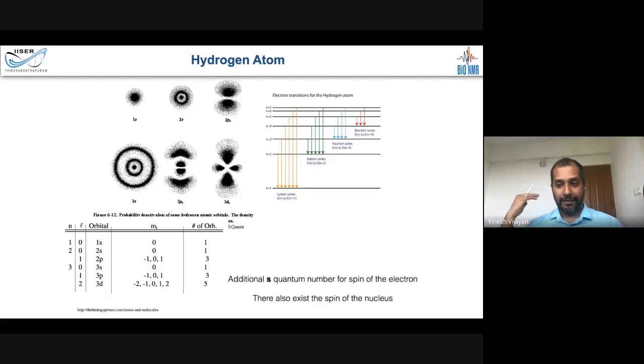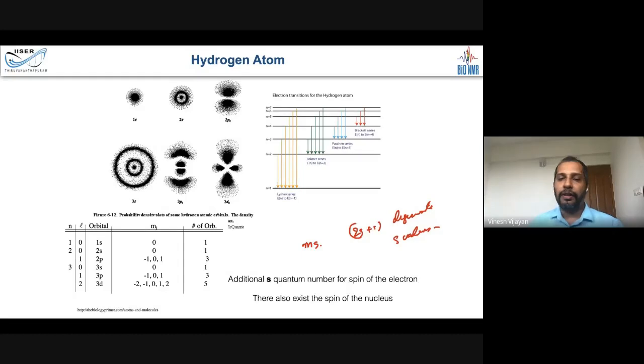So like ML values, which are 2L plus 1 degenerate L values, there are MS values, which are basically 2S plus 1 degenerate S values.